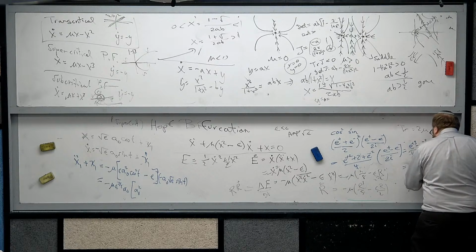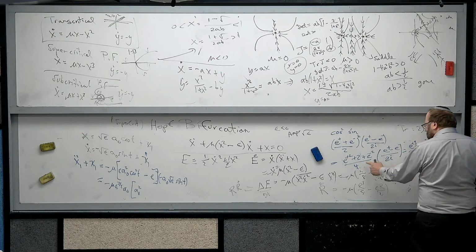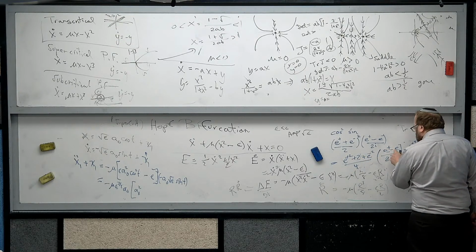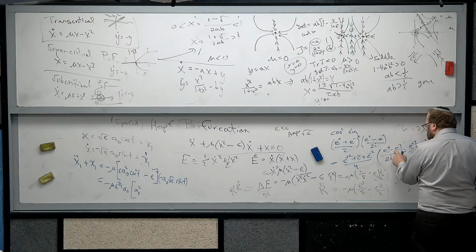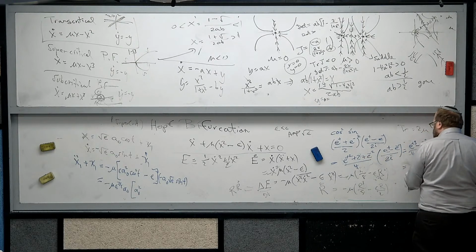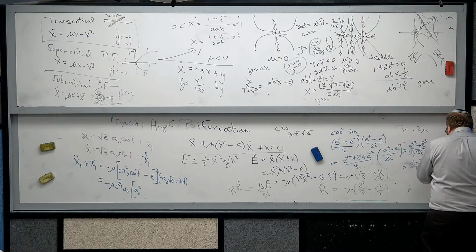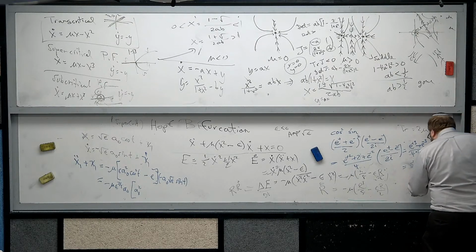So this is just sine 3t over 4. All right, and then this term is we have 2e to the plus, here this gives us minus e to the plus e to the minus, so that gives us plus 1 over 4 times 2i, e to the plus minus e to the minus, and this is sine 3t over 4 plus sine t over 4.